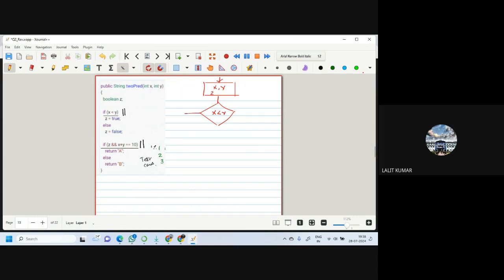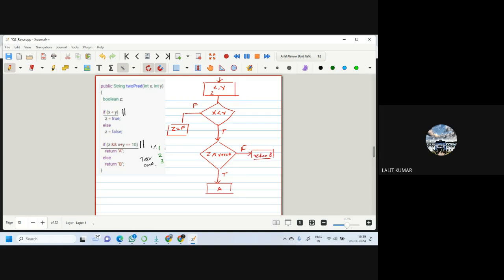If it is false, then z is equal to false. If it is true, again I'm checking one more condition, z and x plus y equal to 10. If it is true, return a. If it is false, return b.